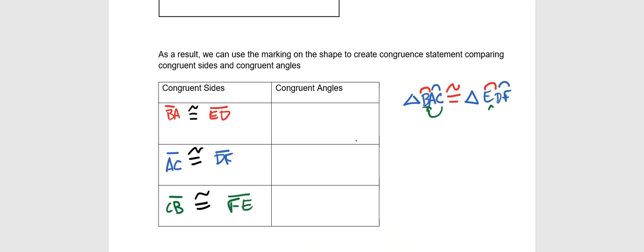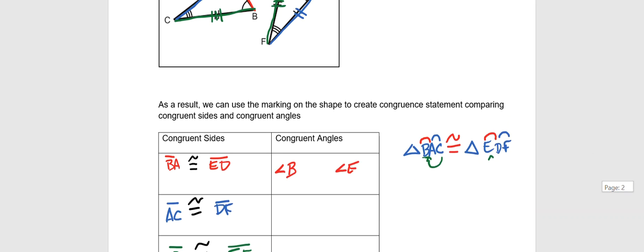So we're going to do the same thing with angles. And actually with angles for now, we're just going to name angles by their vertex instead of the 3 points that make it up. So we can use the same strategy. So if I'm going to start with angle B in the first triangle, then I can match it up to angle E in the second triangle.